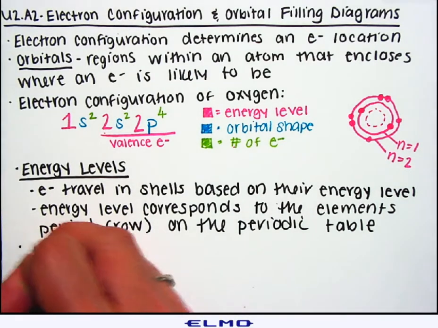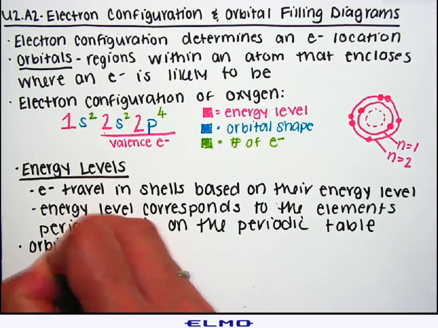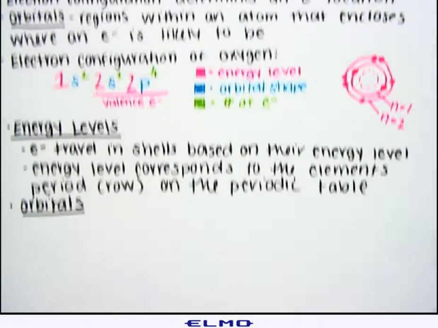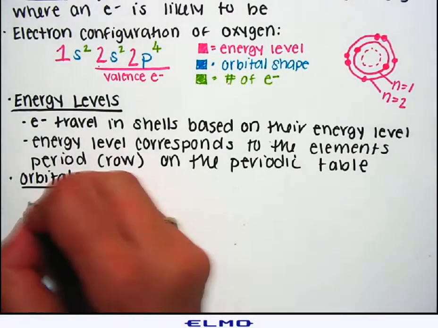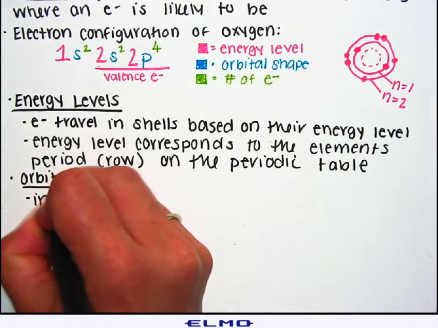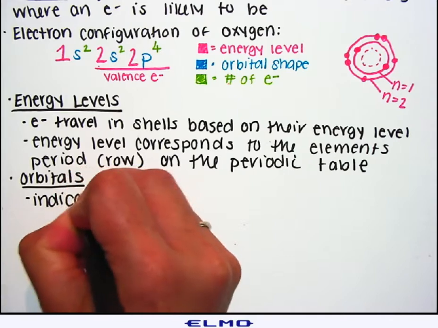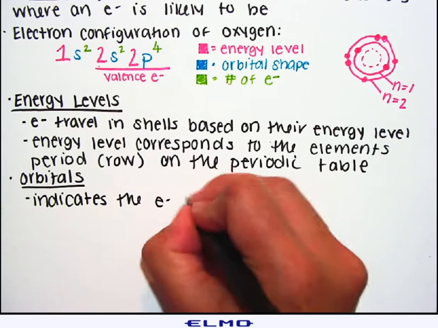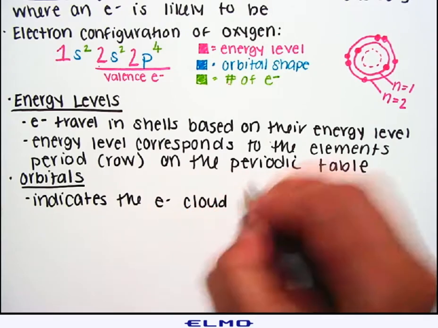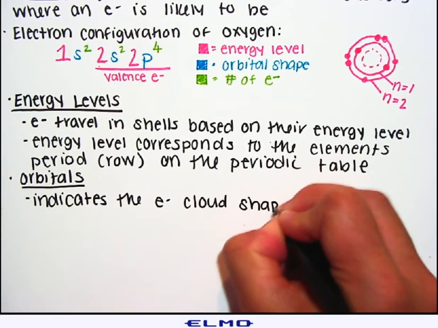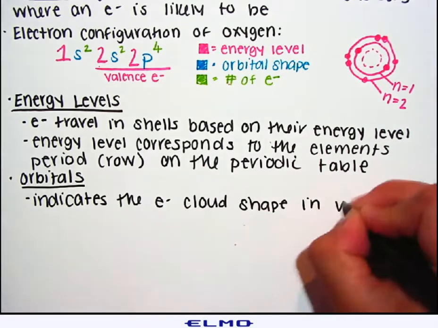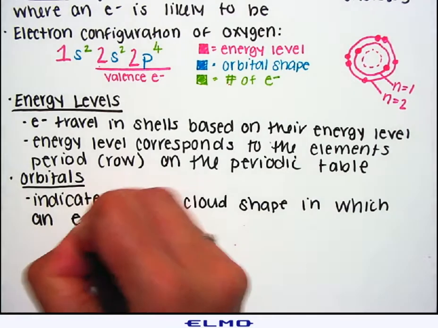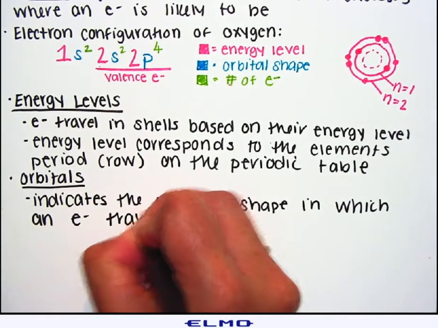Let's talk about those blue letters. Orbitals. The orbitals indicate the electron cloud shape in which an electron travels.